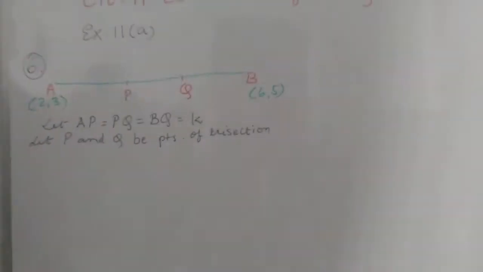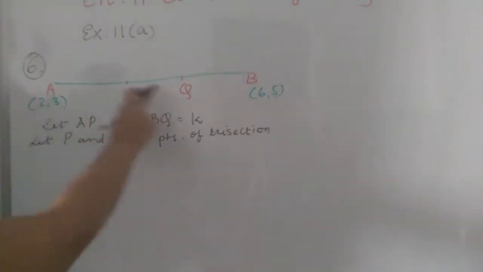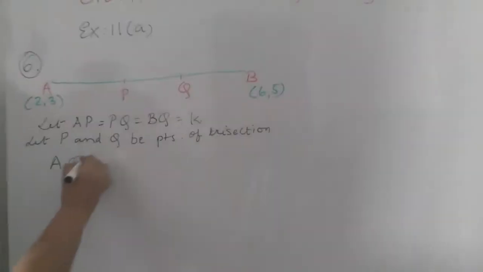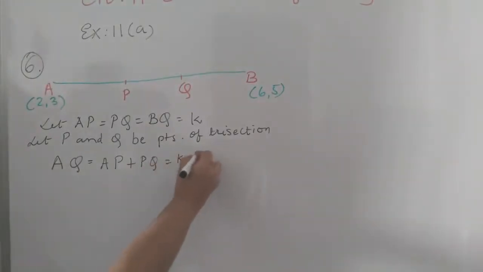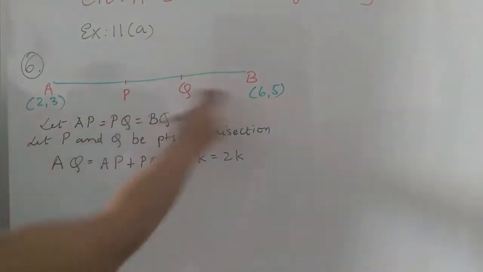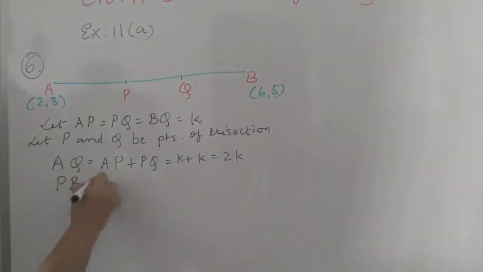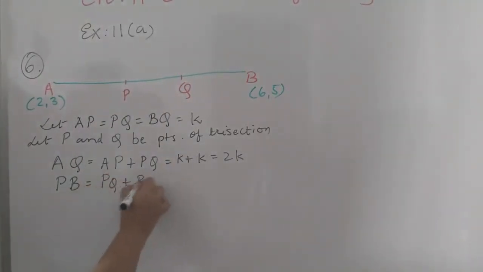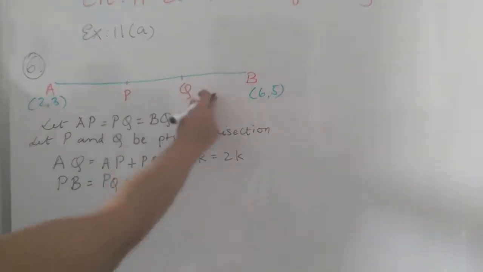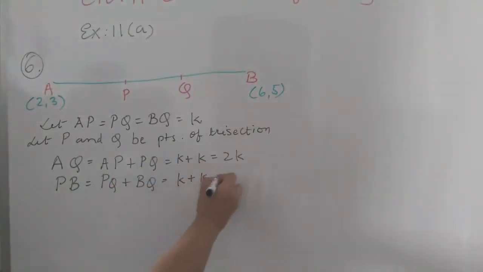So here P and Q are just dividing this line segment AB into 3 equal parts. Now if I want AQ, then this is AP plus PQ, in total K plus K, it will become 2K. Also, if I get PB, then PB is equal to PQ plus BQ. So both are equal. Here we have written K plus K, that is again 2K.